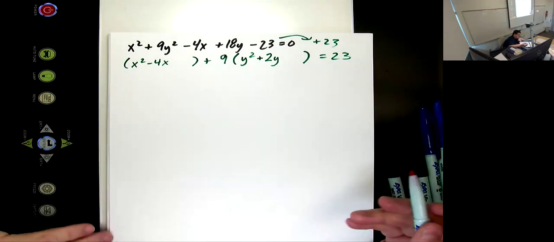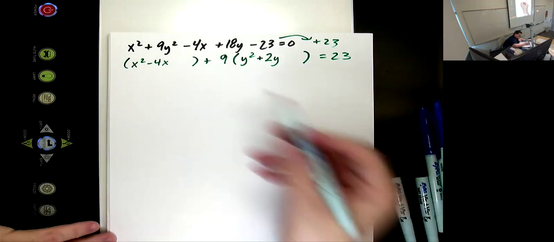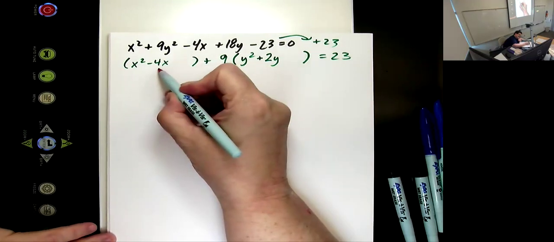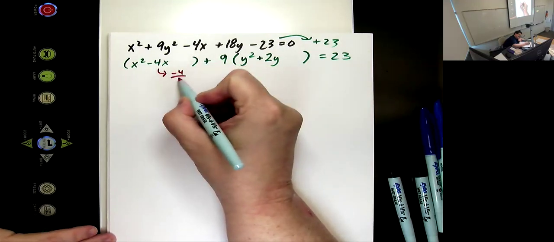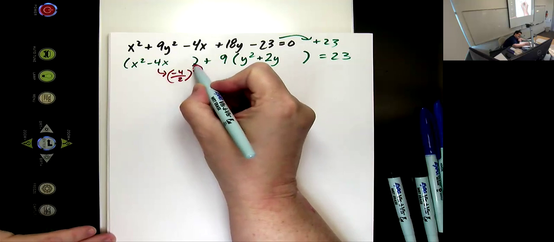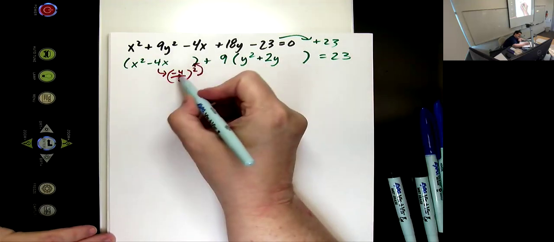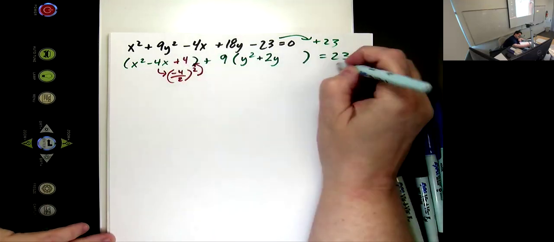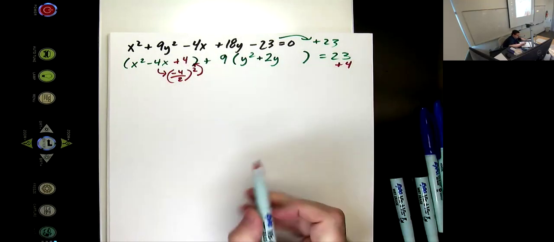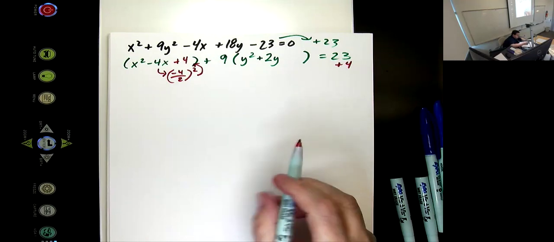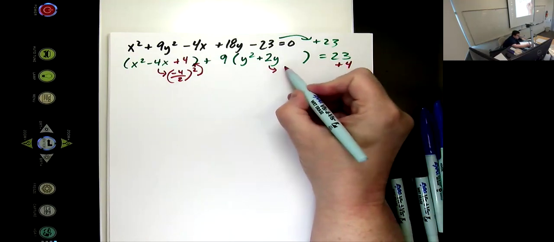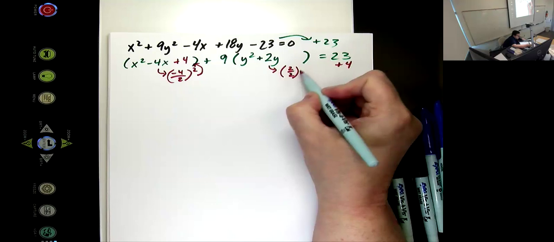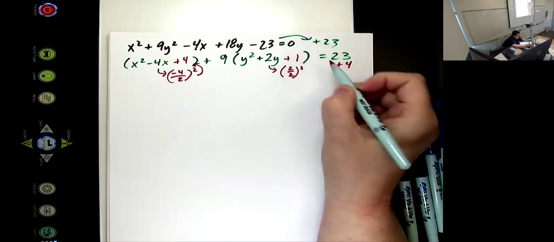All right, so we're going to complete the square. Take that, cut it in half and square it, put it back in. Negative 2 squared is plus 4. I added 4 on the left, so I'm going to add 4 on the right. And here we take the 2, cut it in half, square it, and we get plus 1.